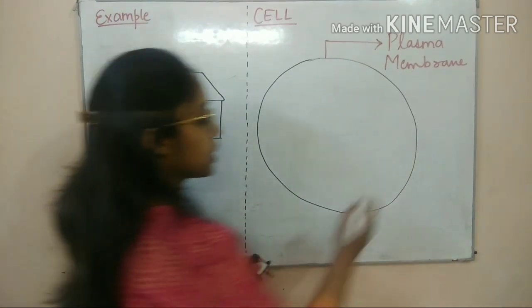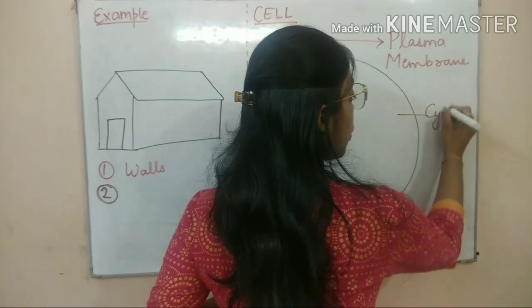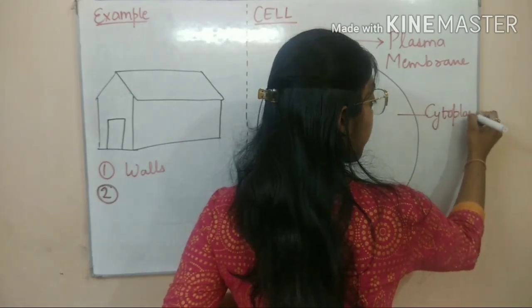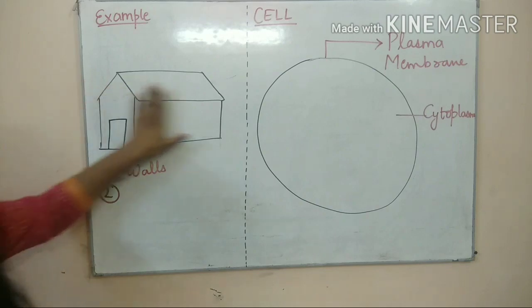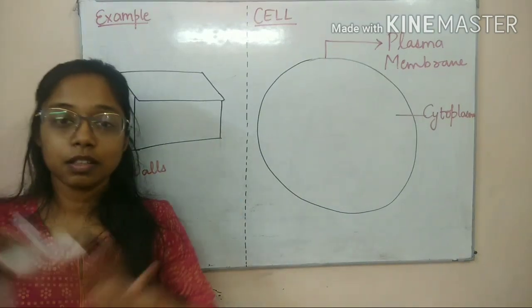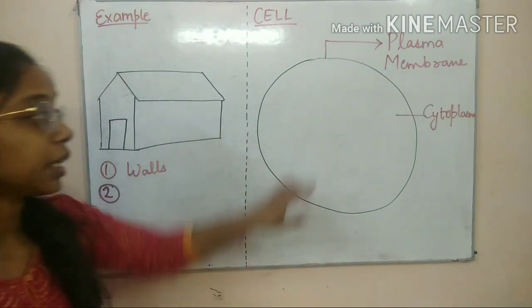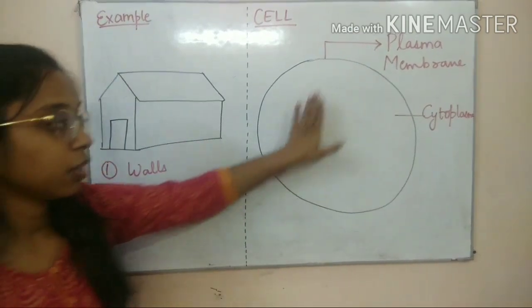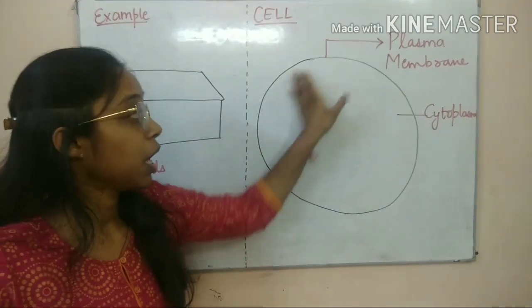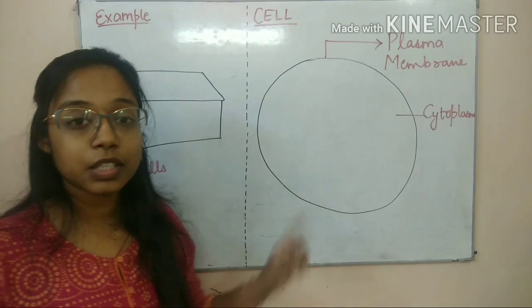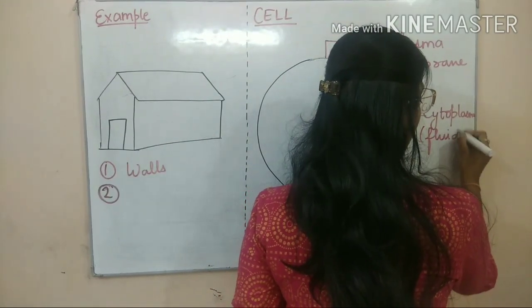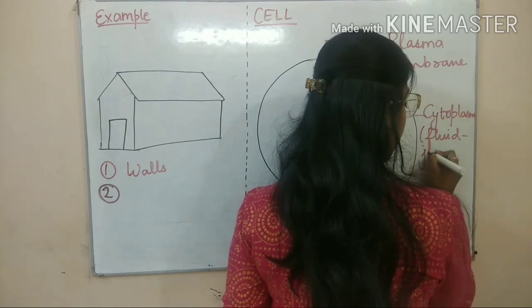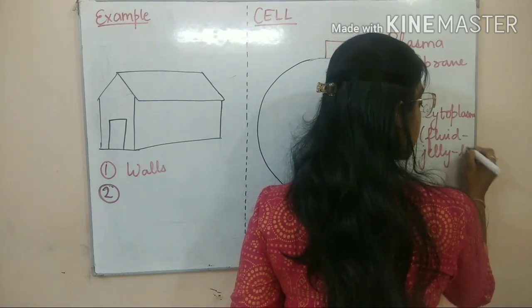We call this space cytoplasm. Now, this empty space in our house is filled with air, but the cytoplasm inside the cell is filled with a fluid material or a jelly-like substance.